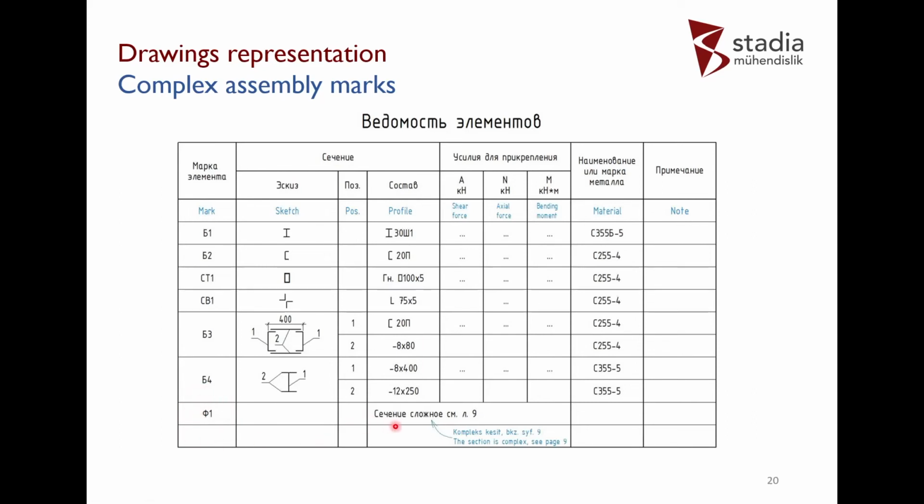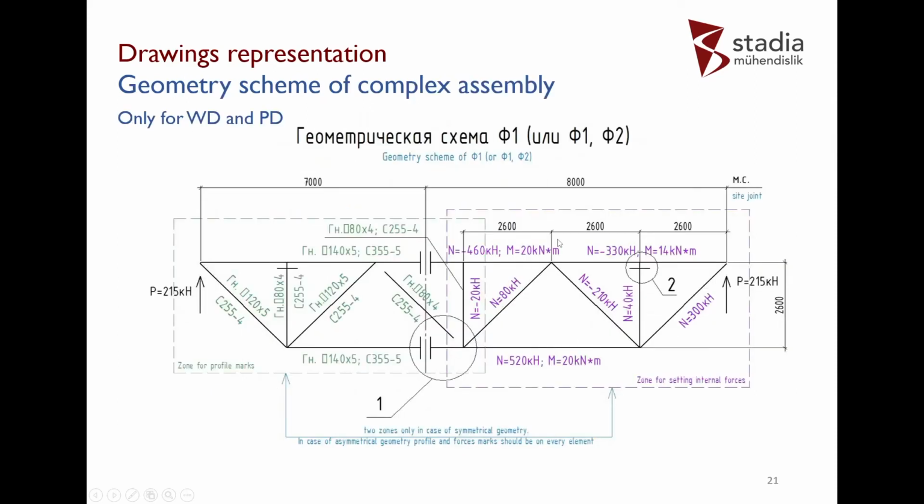We can say that the geometry scheme of this assembly you can see on sheet number 9, and on this sheet we should draw this kind of scheme. I marked different areas with dashes for your understanding, but we don't need to use these areas in a real drawing, it's just for your understanding.